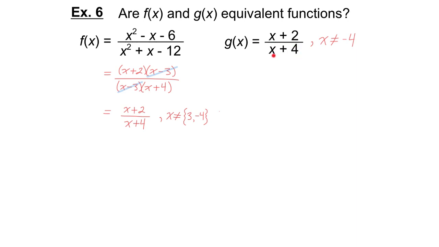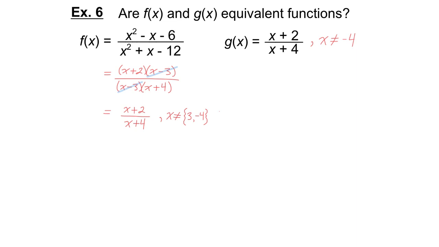x plus 4 can't equal 0, which means x can't equal negative 4 in g of x. But when I kept track of my restrictions in f of x, well, x can't be negative 4, but also x can't be 3. So there's one more restriction on x in this function than there was in the other one. So because of this, even though the simplified expressions look the same, we have different restrictions.